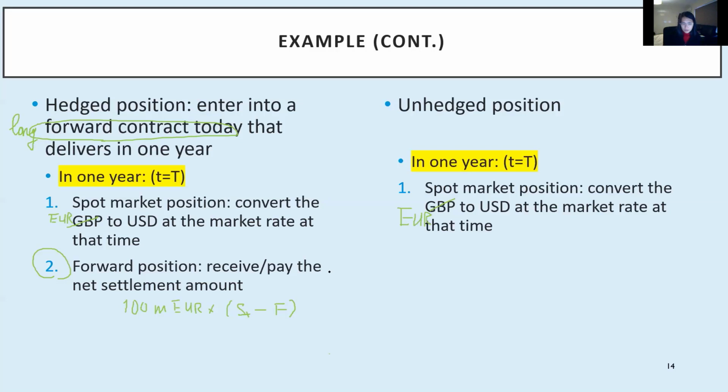Does that make sense? In the unhedged position, of course, I have no forward position to settle.